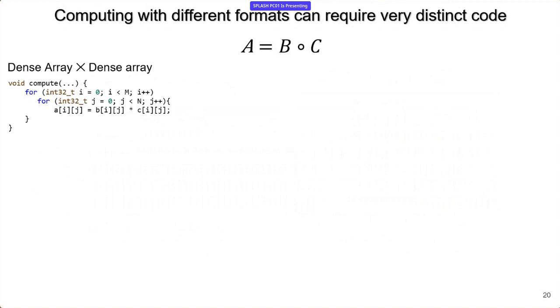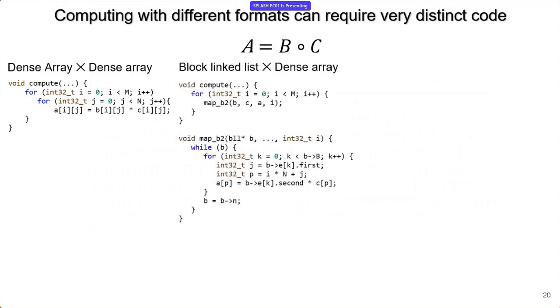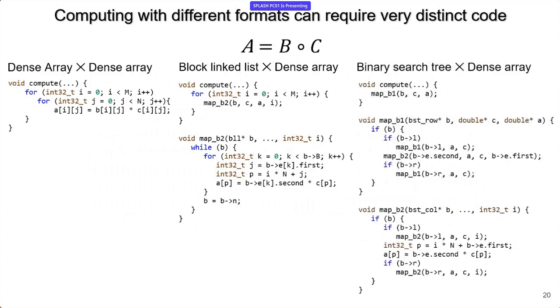You get this very simple piece of code that everyone knows how to write. However, if B is a block linked list, you have to generate multiple map functions, iterate over that, and generate a little bit different code. And if it is a binary search tree, you have to generate another set of code that's more complicated but very different from the others.